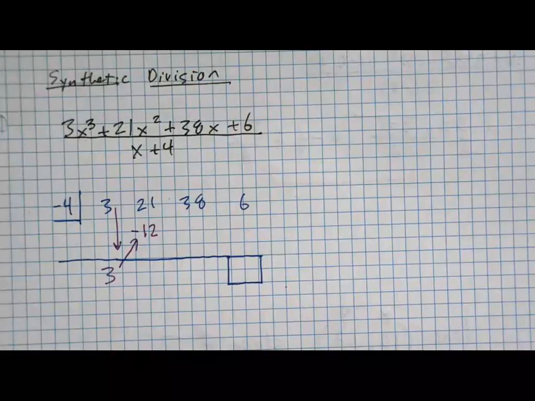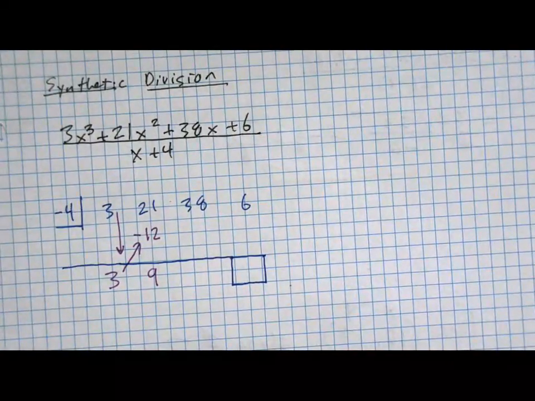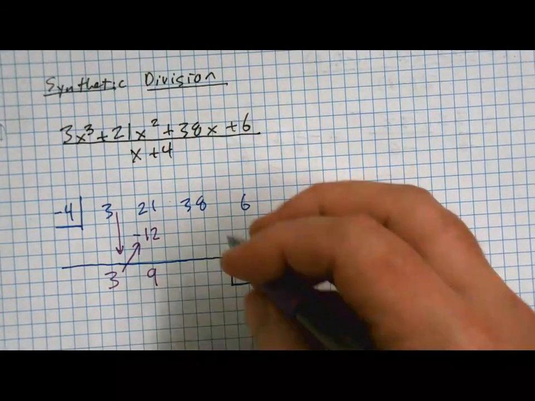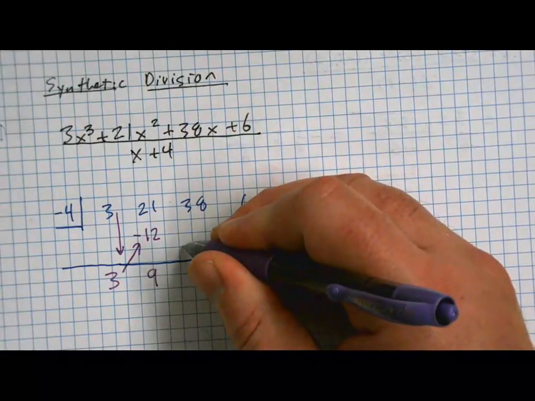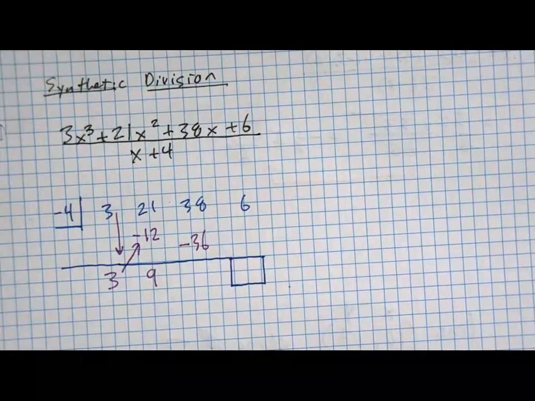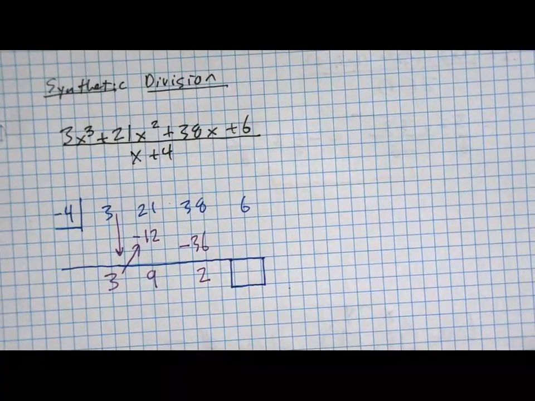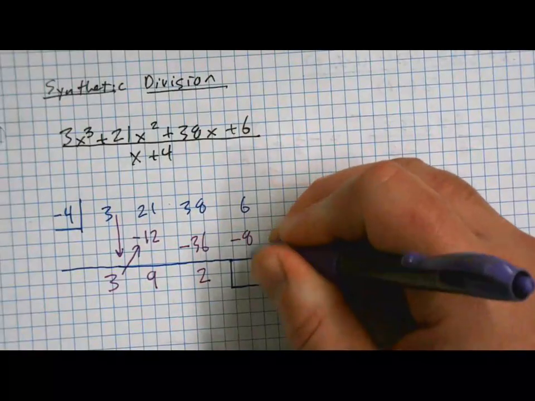So 21 minus 12 is 9. Times negative 4 is negative 36. Plus 38 is 2. Times negative 4 is negative 8.